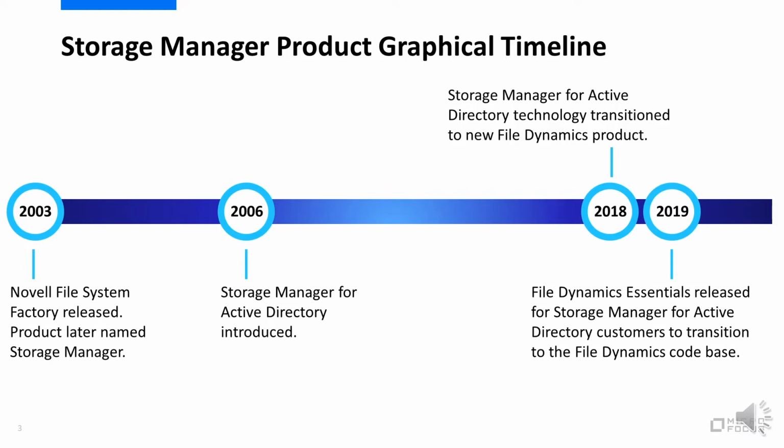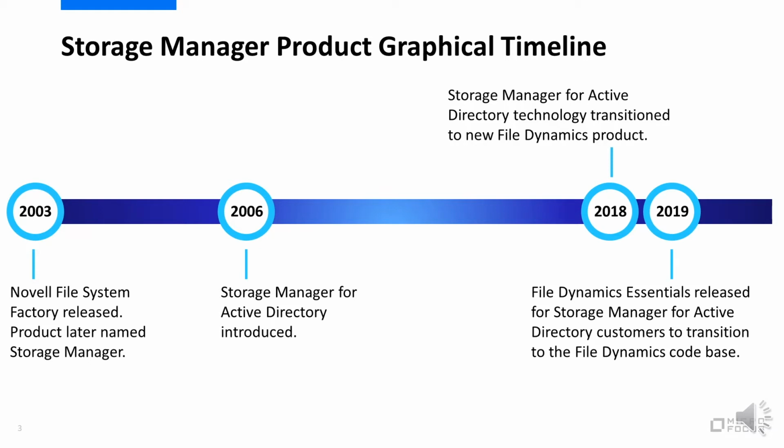During the next 12 years, Microsoft made notable enhancements to its network operating system and Active Directory, while Novell, later Attachmate, and finally Micro Focus made infrequent and minimal updates to OES and eDirectory. Consequently, the most significant feature updates to Storage Manager tended to be for the Active Directory version of the product.